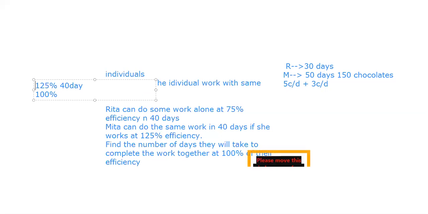Correct. So these two should be inversely proportional. So this is 5 is to 4. So this should be in the ratio 4 is to 5 or not? So 50 days. Clear? Yes, sir.